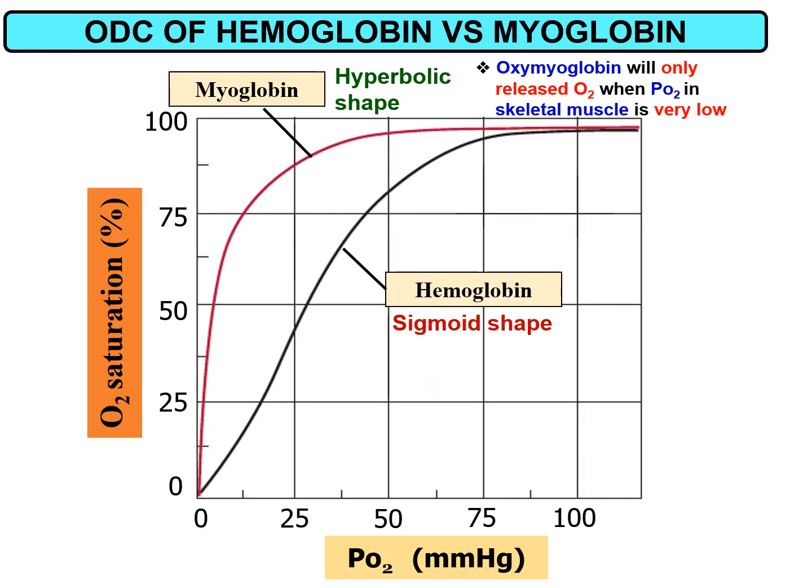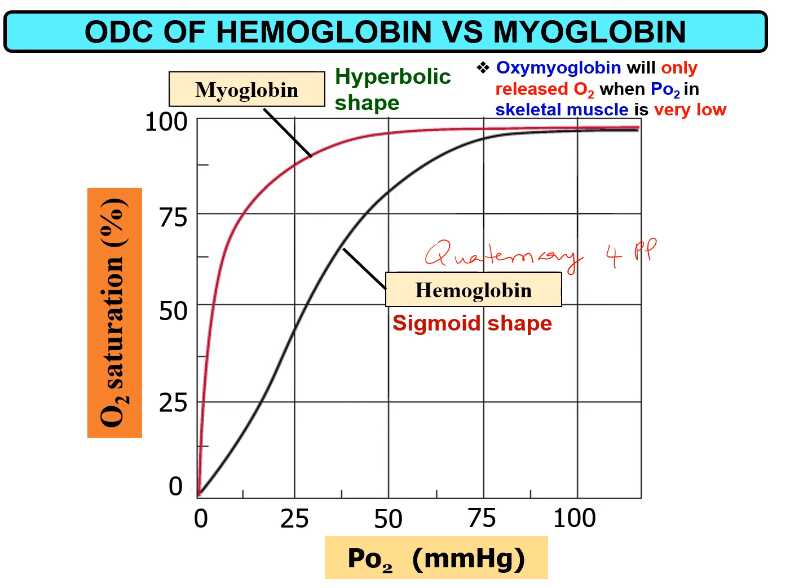Now we are going to explain the oxygen dissociation curve of hemoglobin and myoglobin. But before we continue, we need to remember that hemoglobin has a quaternary level because it has more than one polypeptide chain. It has 4 polypeptide chains.